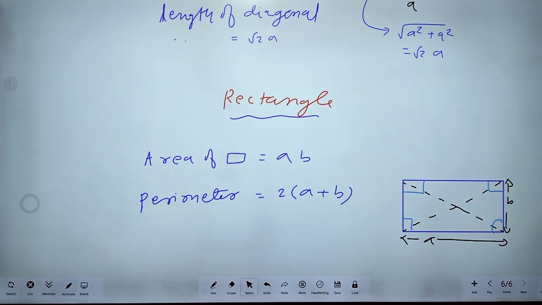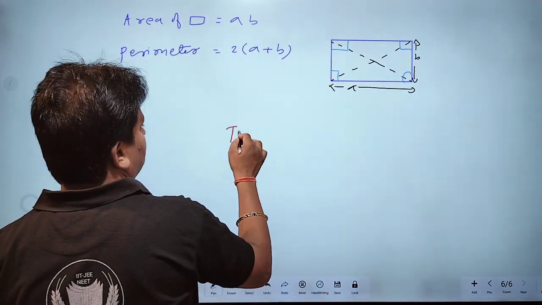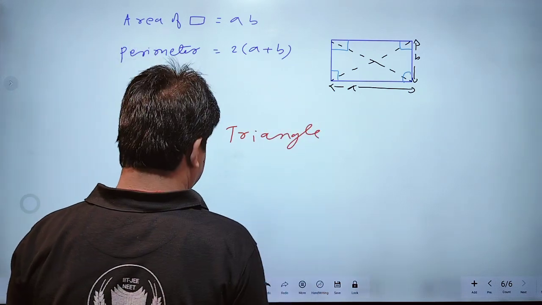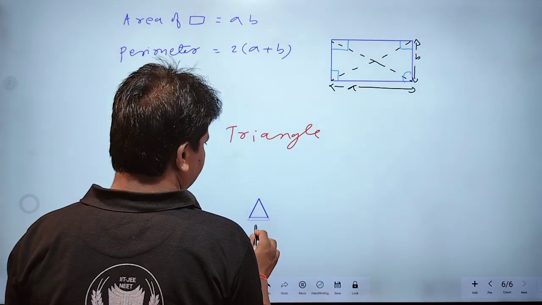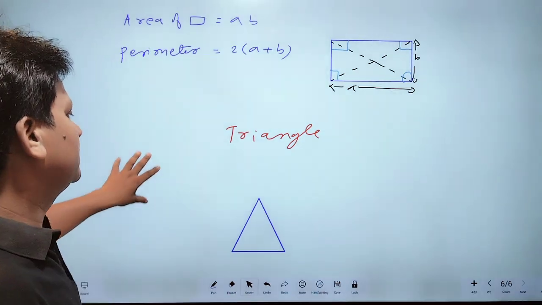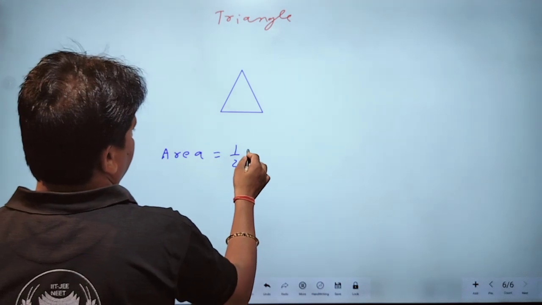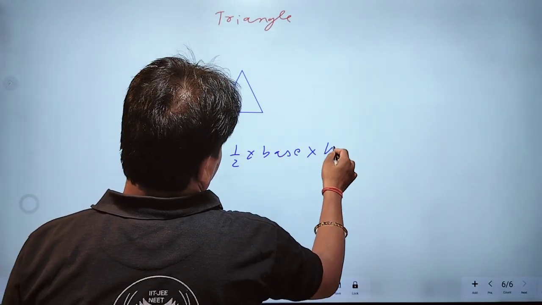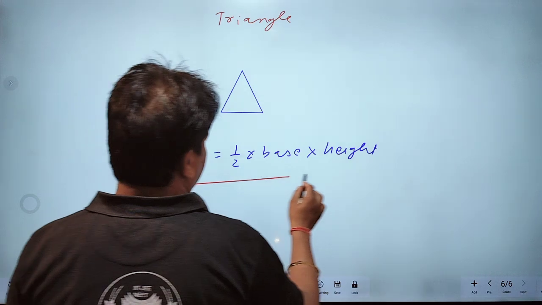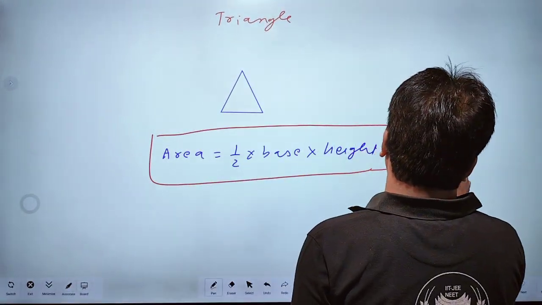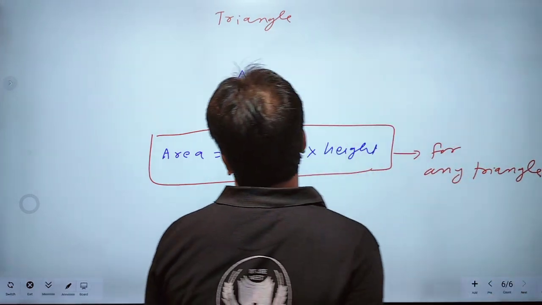Rectangle, square. Now I am going to discuss triangle. For any triangle, area can be written as half into base into height. This is for any triangle.